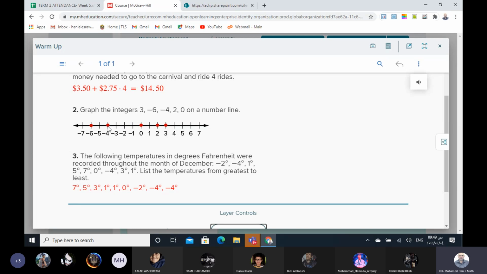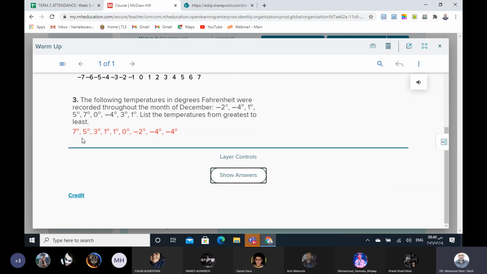Then here we have minus 4 and minus 6 on the negative side. And this is the order from the greatest number to the smallest number: 7, then 5, then 3, then 1 repeated 2 times, then 0, then the negative numbers, minus 2, then minus 4 repeated 2 times.